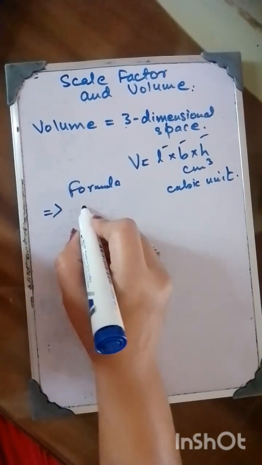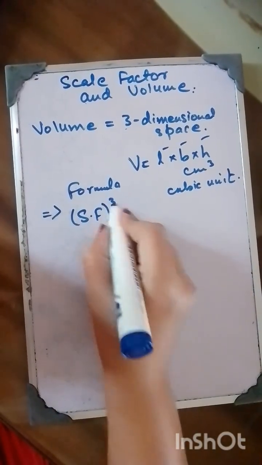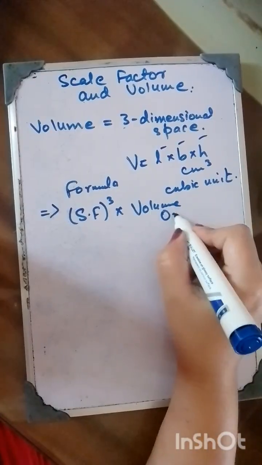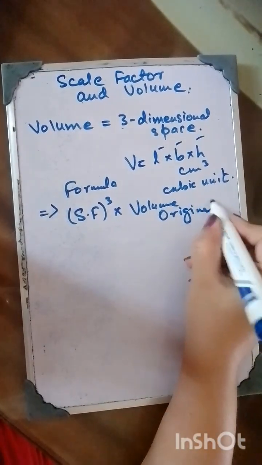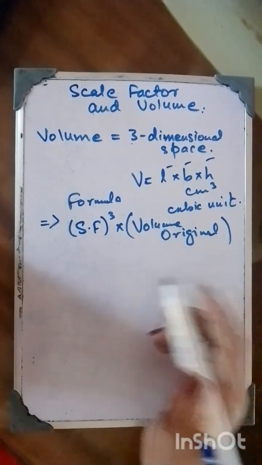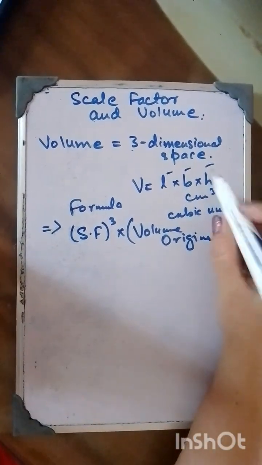Now the formula will be the same as the area, but the slight difference is that in the area the scale factor was squared, and in volume we are going to cube it, right? So the scale factor will be cubed and times it with the older volume.